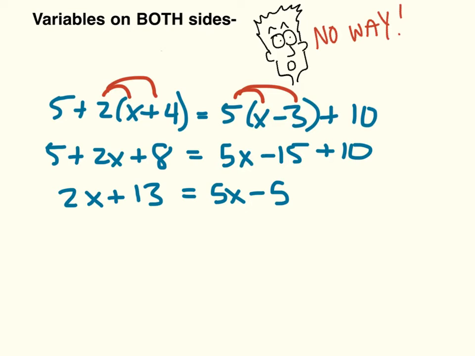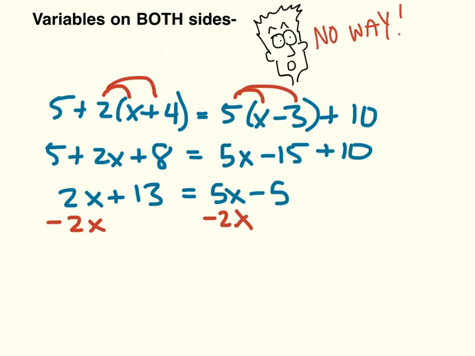Now I want to get my constants. My constants are just the numbers without a variable. I want to get constants on one side and variables on the other. And the biggest help here is to always move the smaller variable. That can be tricky with negative numbers sometimes, but here the 2x is smaller, so I'm going to move the smaller variable. That'll eliminate it from the left.